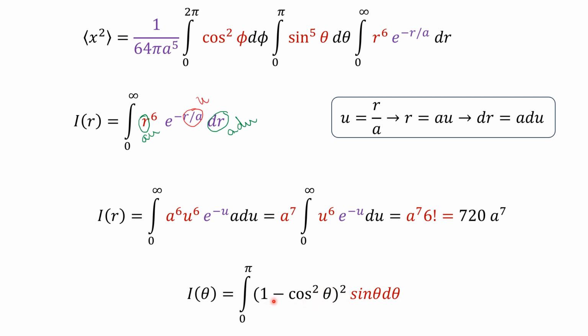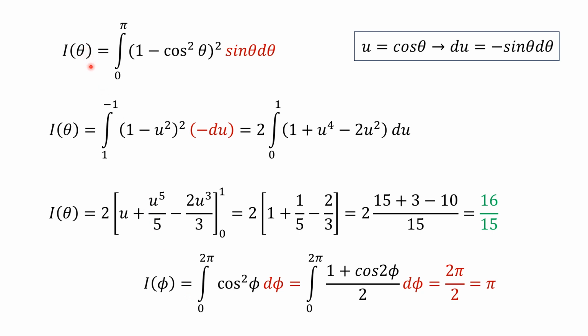That sine squared I am replacing by 1 minus cos squared theta. 1 minus cos squared theta is equal to sine squared theta. You know, the sine squared theta squared is sine power 4, and I have taken one sine theta. So I have separated sine power 5 as 1 minus cos squared theta, whole squared, times sine theta. So now we will find out this part of the integral.